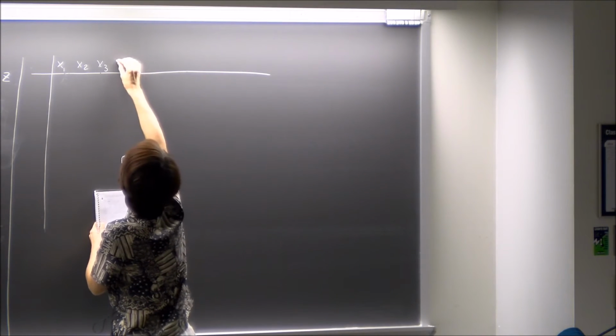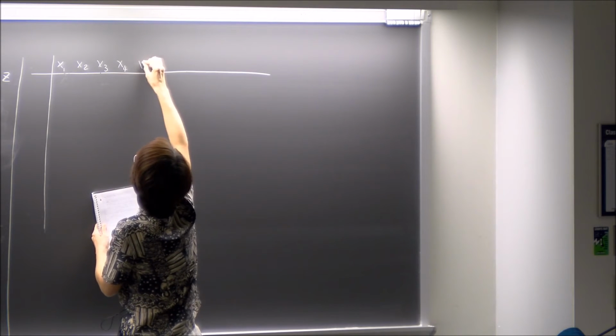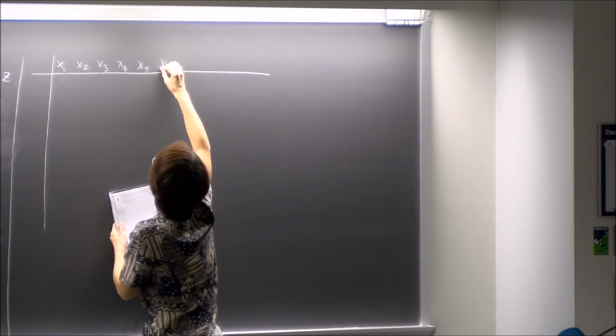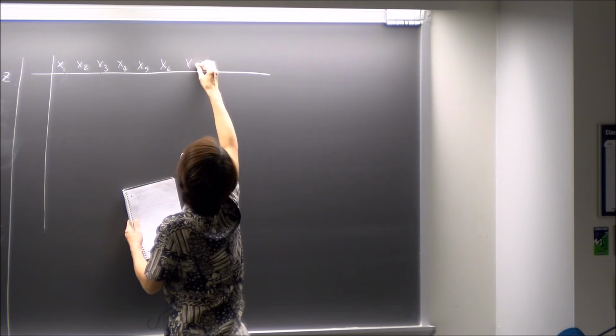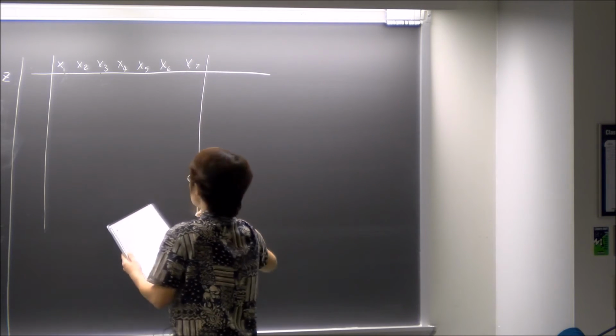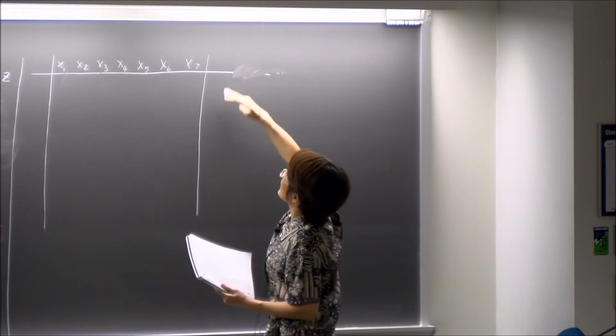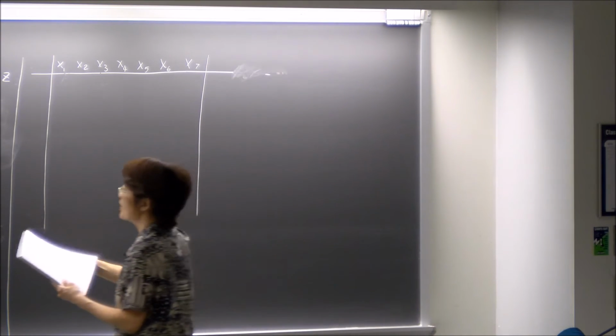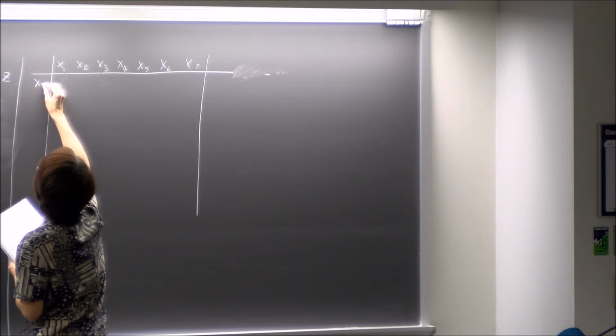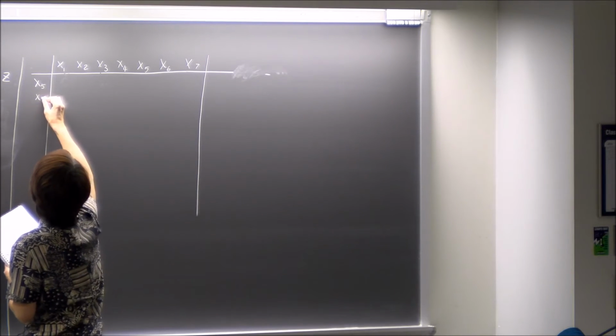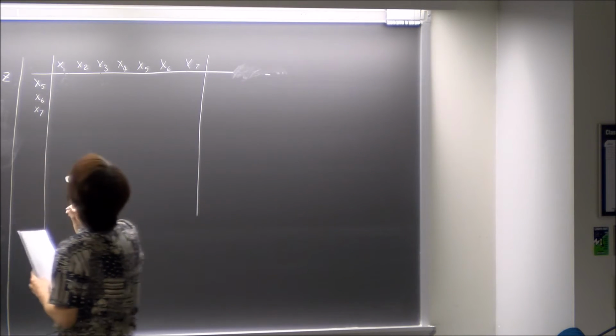I have all the way to x7: x4, x5, x6, x7, and then I have the constant term. All right? I don't need it to be so long then. Okay, and then I know my first set of basic variables, x5, x6, x7.